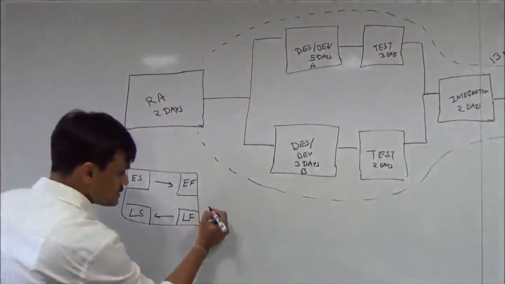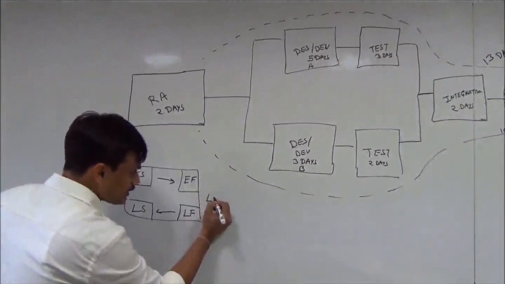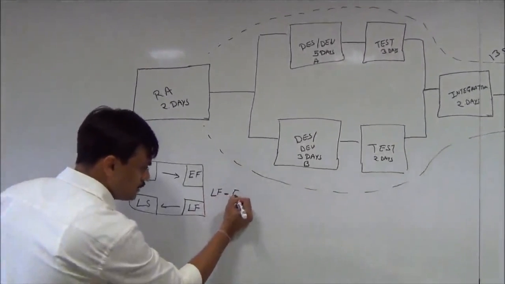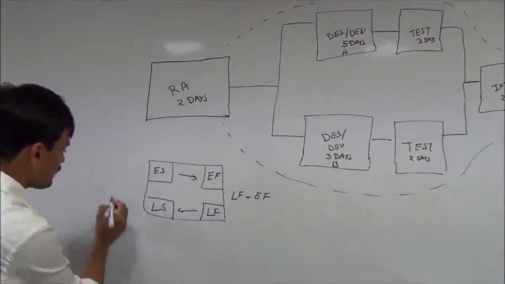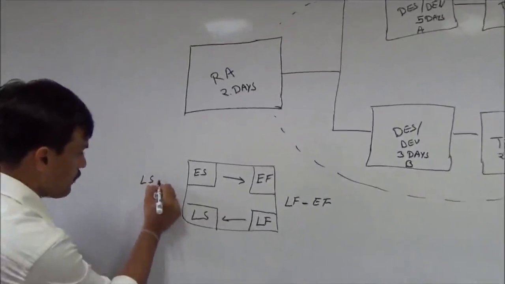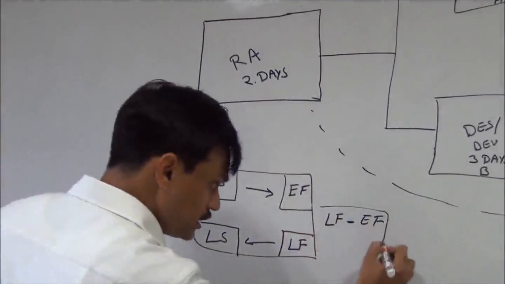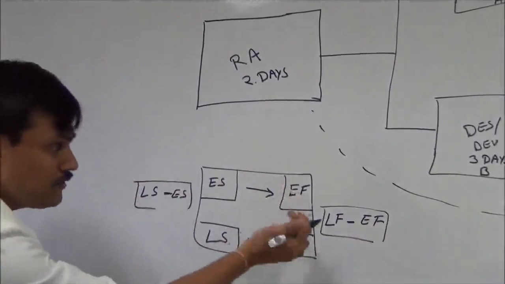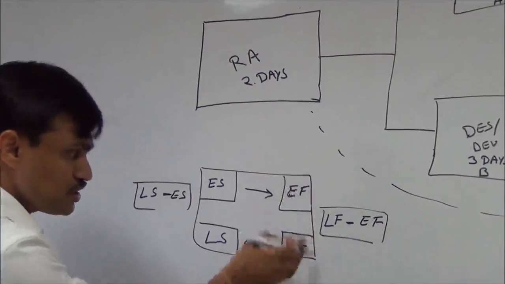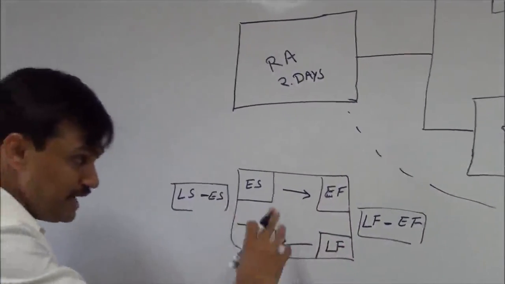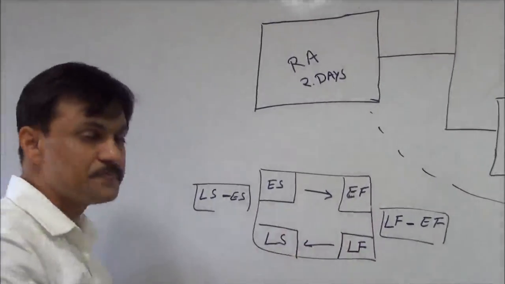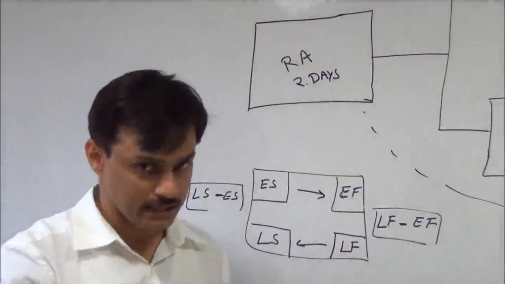So slack is the difference between late finish and early finish, or the difference between late start and early start. If you have a different early finish and late finish time in a given activity, it means you have slack there.